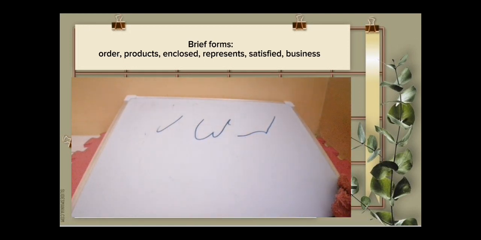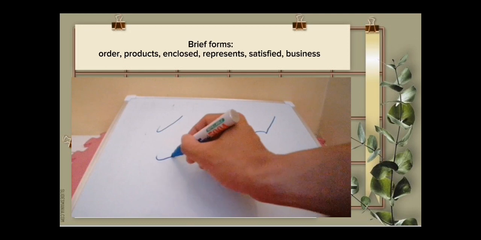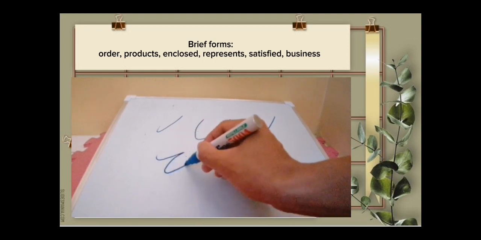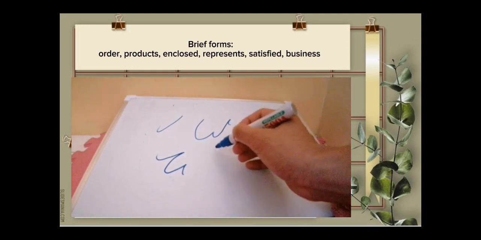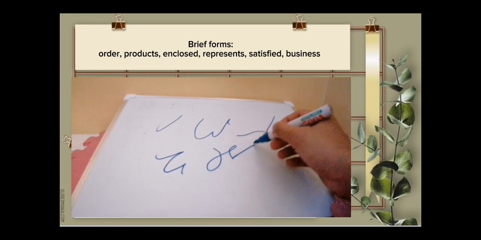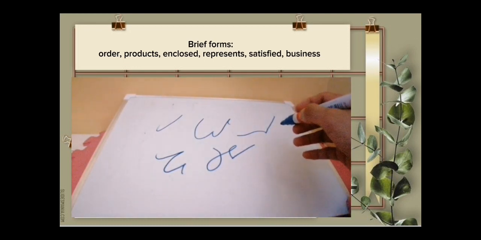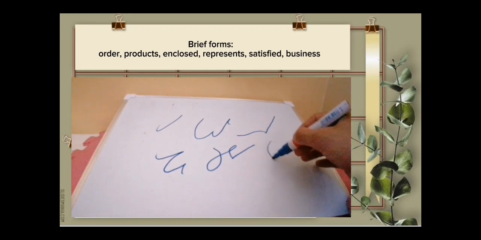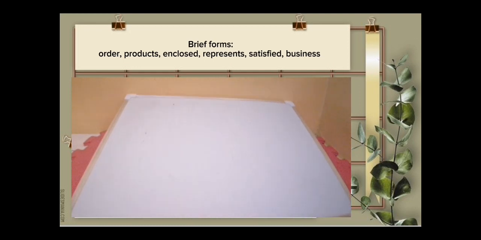Next word we have represent. Next word we have satisfy. And for our last brief form word we have business. And that's it for our brief forms for lesson 42.